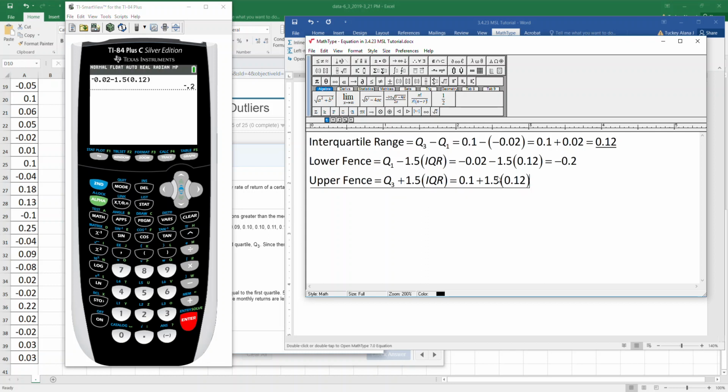And remember, order of operations, the multiplication happens before the addition. Of course, if you type it in a calculator, the calculator just knows that. So I can type 0.1 plus 1.5, parentheses, 0.12, close parentheses, enter, and I get 0.28.